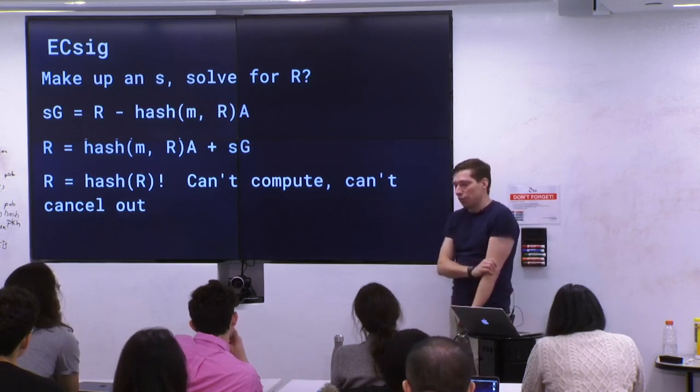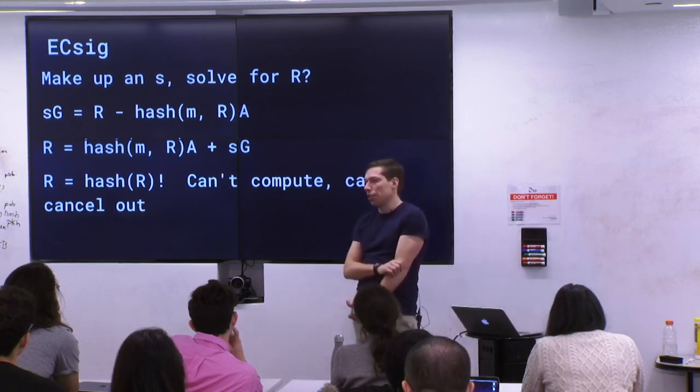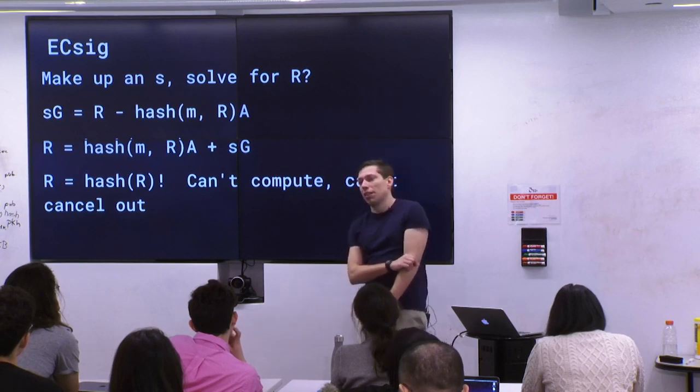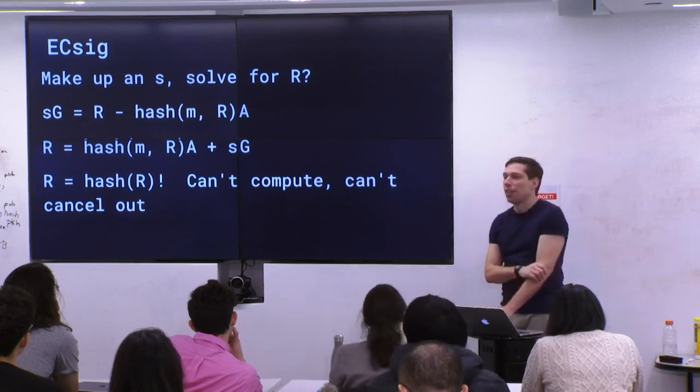There is one sort of foot gun with EC signatures. If you use the same R value for different signatures with the same pub key, you reveal your private key. So K has to be random and new every time.